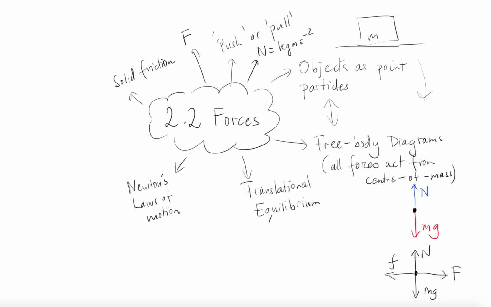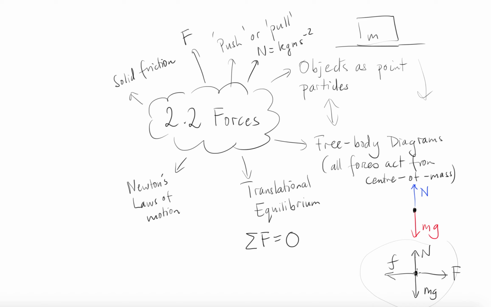Now, what do we mean by translational equilibrium? Basically, if we draw the free body diagram and all the forces cancel out in all directions, then the sum of the forces equals 0, because remember, forces are vector quantities.